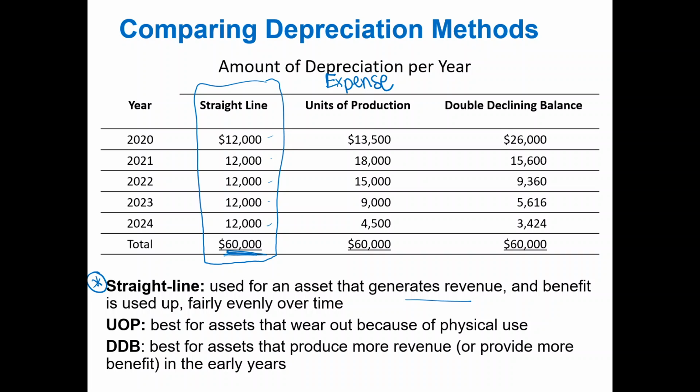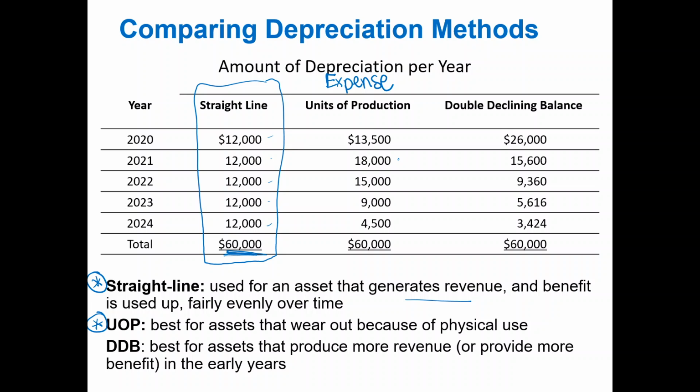Units of production, we can see here, there's no necessarily rhyme or reason for time-wise when it's highest or lowest. Our highest year was year 2, then it went down, continued to go down, but it was all based on the amount that we used it, so the kilometers that we drove the truck. Therefore, units of production is best for assets that only wear out because of physical use.